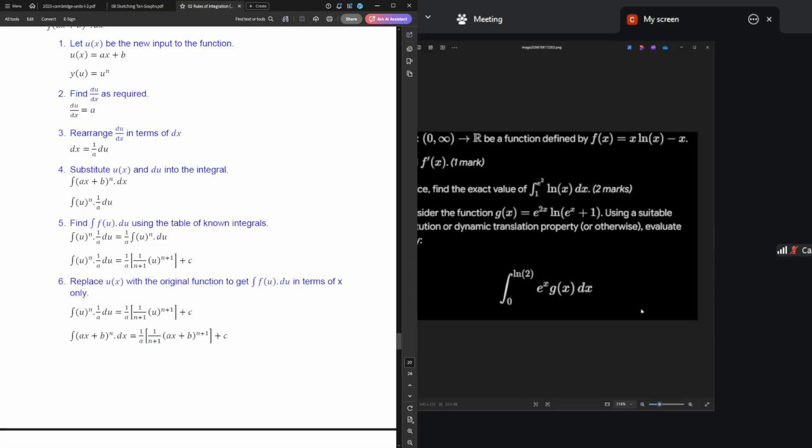Now, to go from there, what could we do? Perhaps instead of replacing e to the x plus 1 with u, we just do e to the x. I think that sounds a bit more useful, because if u is e to the x, then not only can we replace most of the inside of that bracket, but we can also replace this.